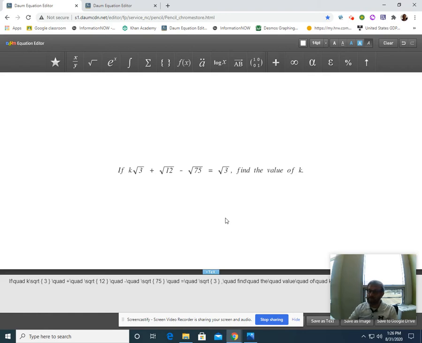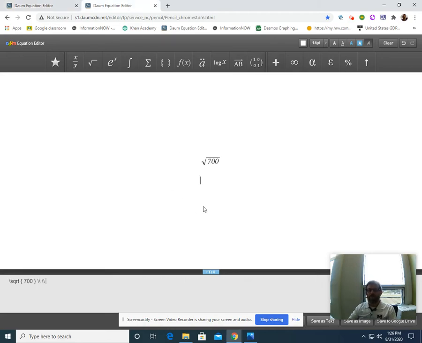You should have seen how to simplify square roots, but if you've forgotten, let's talk about it. Let's say I want to simplify the square root of 700. How do I do that? The key here is the factor tree. You take 700 and factor tree it down into its prime factors.